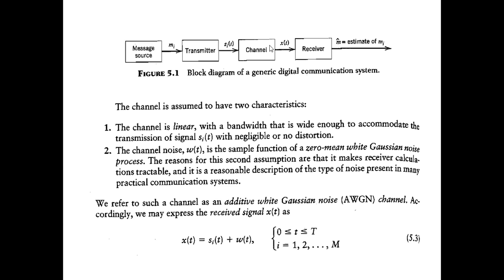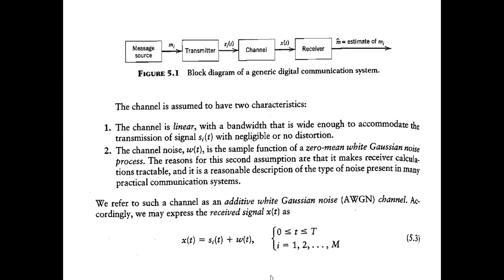The noise we introduce here is thermal noise, a zero mean white Gaussian noise, occurring in an additive form. So it is an additive white Gaussian noise channel. Accordingly, x(t) is si(t) plus w(t).